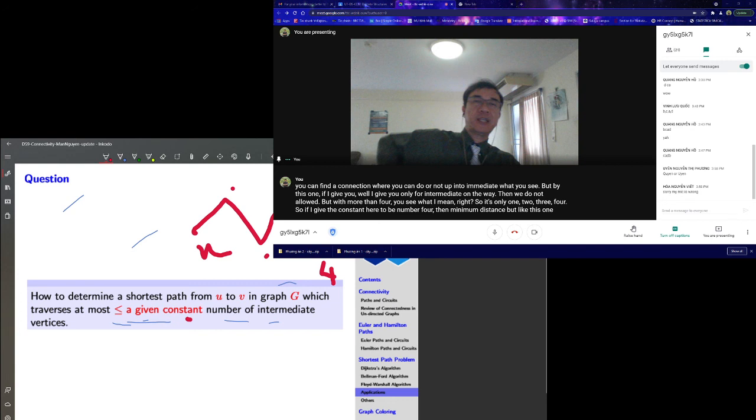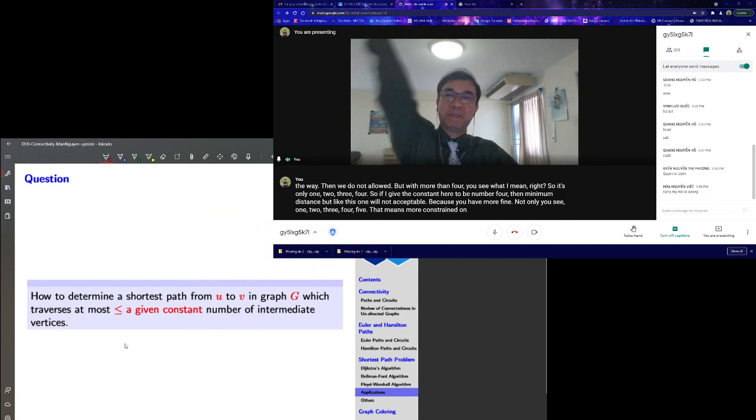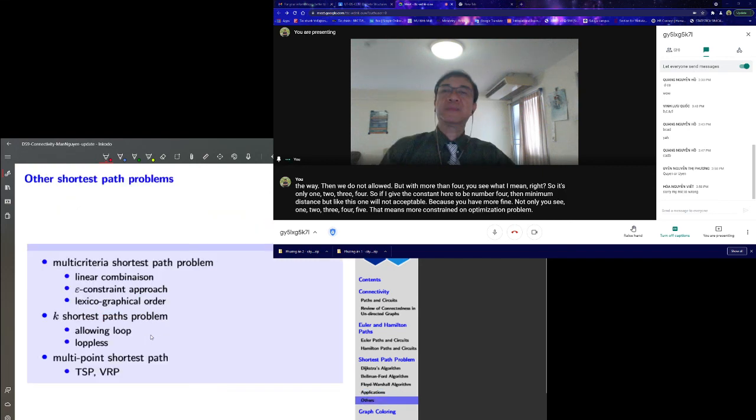So that means more constraints on the optimization problem. And then you have more extensions from that. So this is the reality. This one will be provided in the master program in the future, because for your bachelor degree, second year students understanding discrete mathematics and so on at some intensity will be fine.